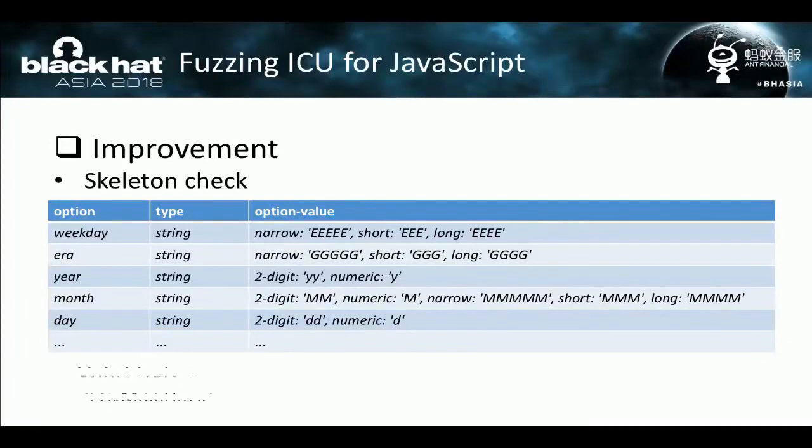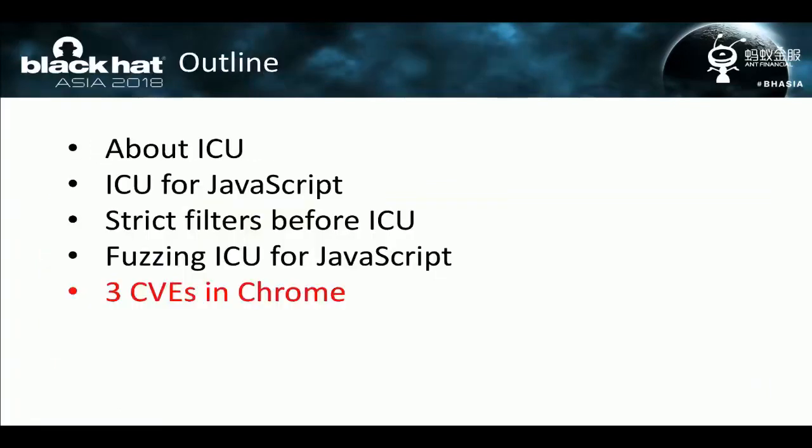So the valid bytes of skeleton can be only this string. So we must check the bytes in skeleton must be in this string; otherwise it will return false. So after the check is added, the fuzzer is more accurate.